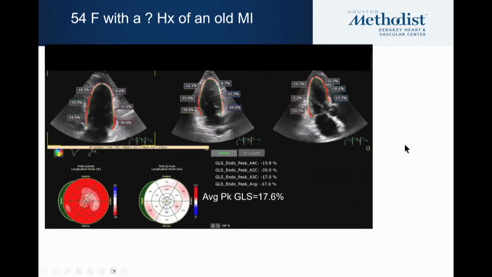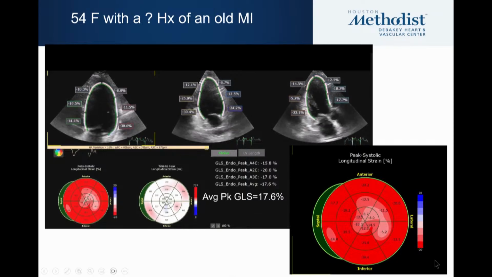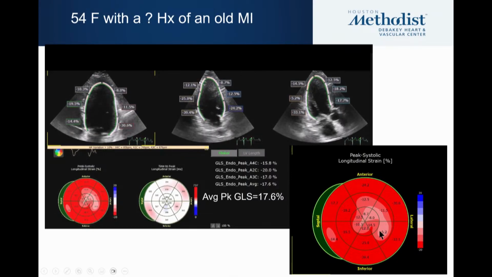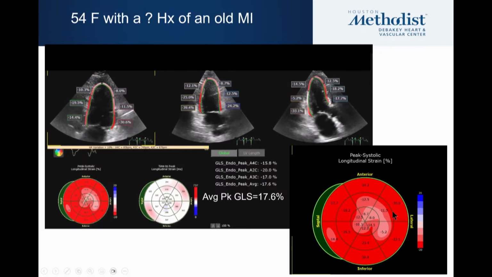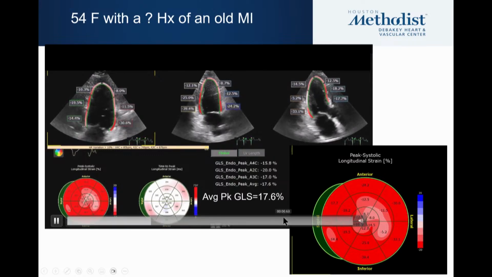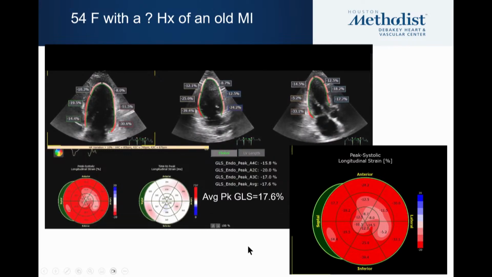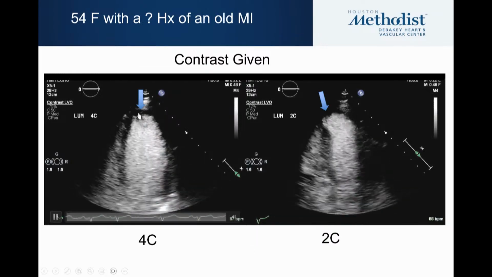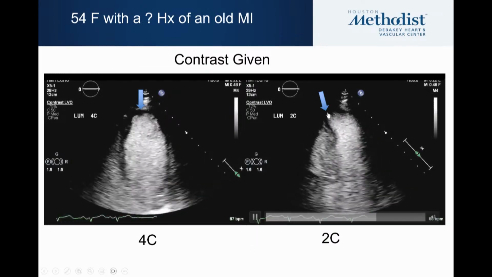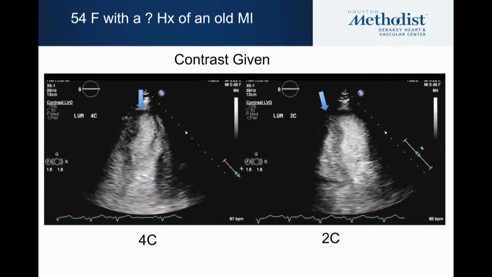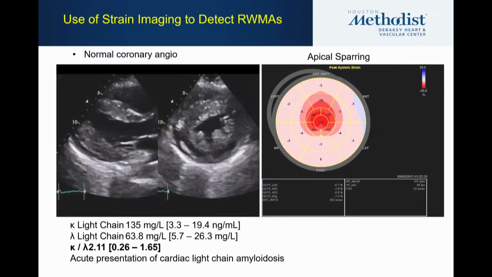And that's the strain. And the strain shows this area here of reduced value, particularly this dense area here of very low values, where everything else is pretty decent. In fact, the average peak GLS is 17.6, which is in the normal range. So contrast is given, and sure enough, nice little tip of the apex there, akinetic. So a little tip-off coming from the strain, say, let's do some contrast, shows very nicely.